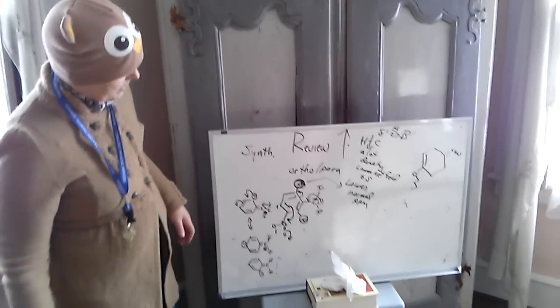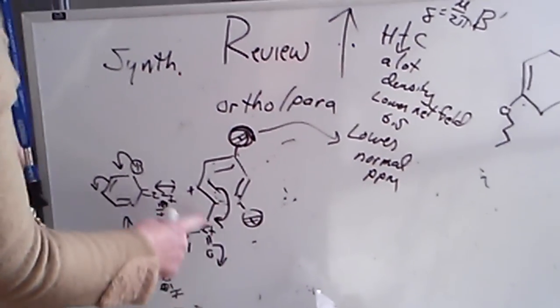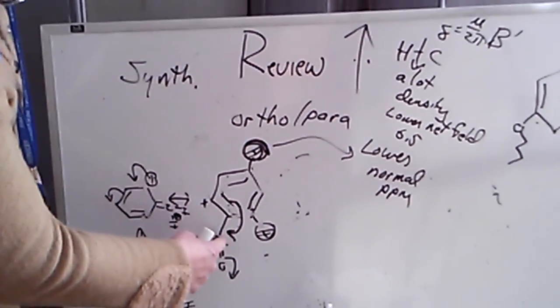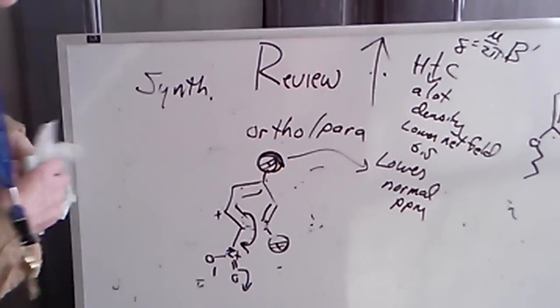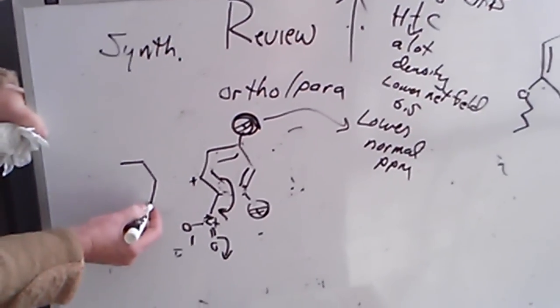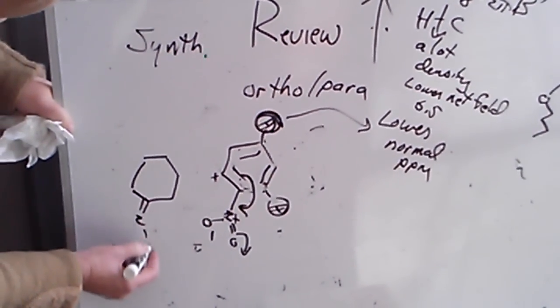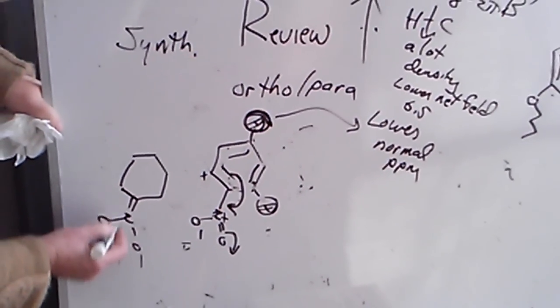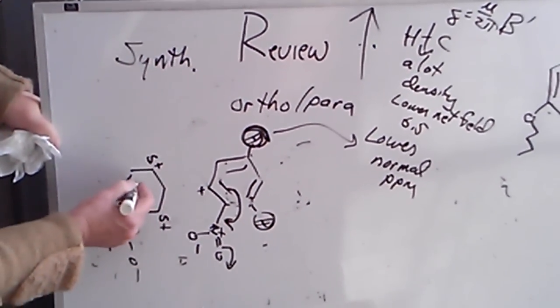This is bugging me a little bit. But anyway, let's just take this off for now, because that's kind of distracting. Let's say we have this. I just want to make them simpler so they're not so confusing. But if you go like this, what's going to happen ultimately, if you do all the work, is you're going to have a delta plus here, a delta plus here, and a delta plus here, if you drew a hybrid.